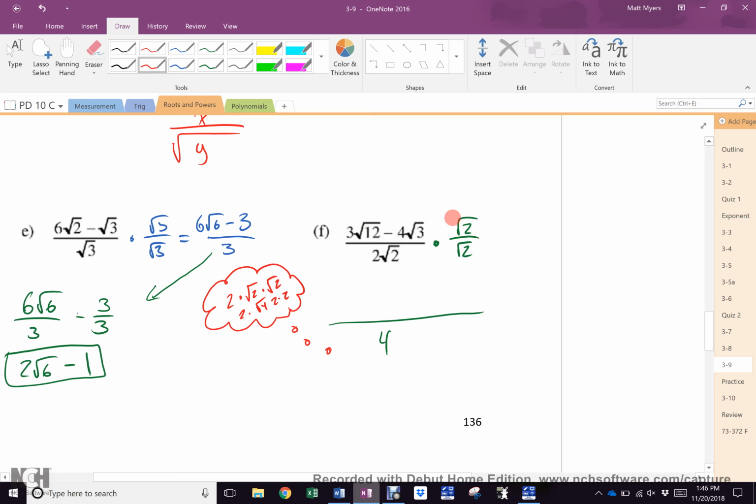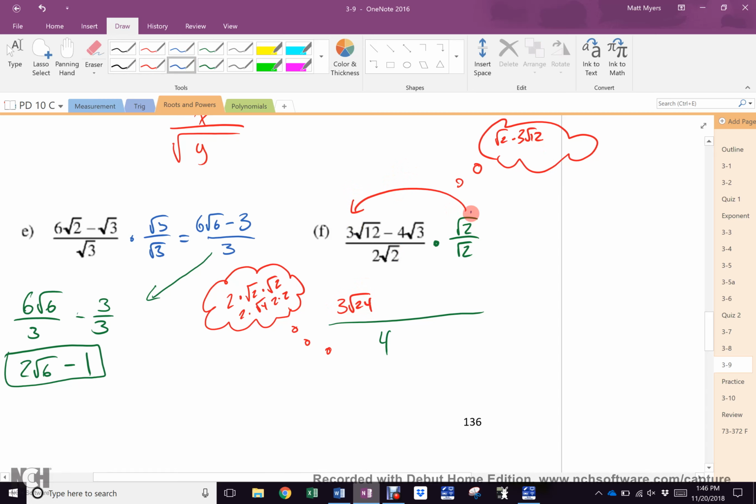So up here, I need to distribute. So I use my thought bubble to do root 2 times 3 root 12 to get what? See, before I would have just done that. But now you've got a thought bubble. So, what is it? 3 root 24.